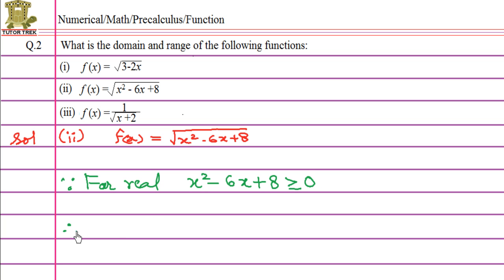Therefore we take the factors of this quadratic expression. So it is x square minus 4x minus 2x plus 8 greater than or equal to 0, because we have split the middle term. The factors of 8 are 4 and 2, so we have split the middle term into 4 and 2.